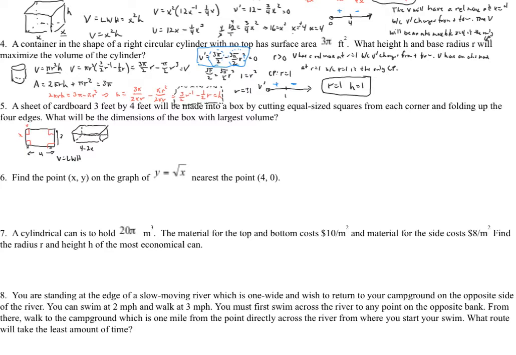This side that was 3 to start with, we're cutting out 2 of those x's. So what's left is 3 minus 2x. And what's getting folded up is going to be the height. That's going to be x. So our volume is going to be 4 minus 2x times 3 minus 2x times x.